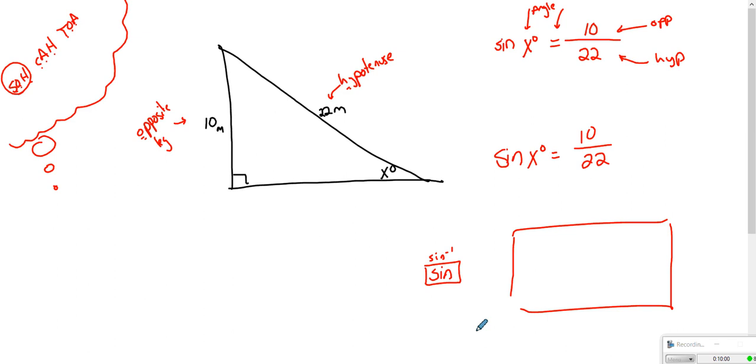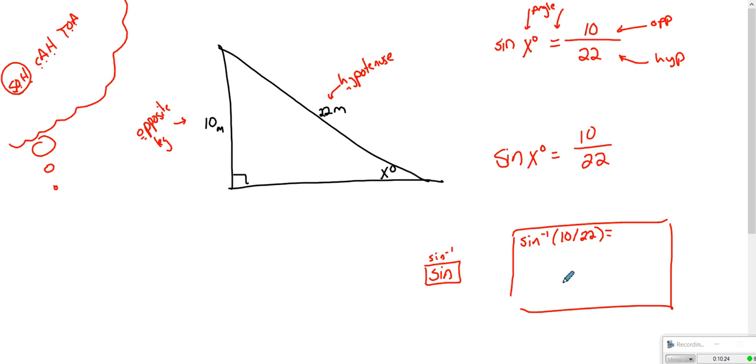And on your calculator, you're going to see this. Then you're going to click on these two numbers, 10 divided by 22. So when you type that in, 10 divided by 22, you're going to close it up, and then you're going to hit equals.